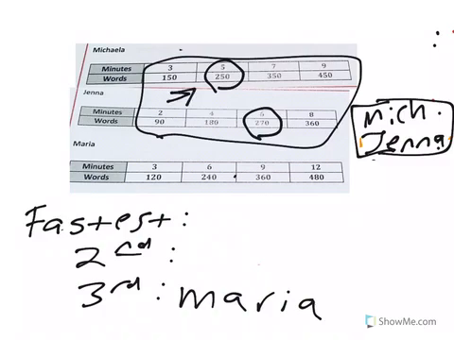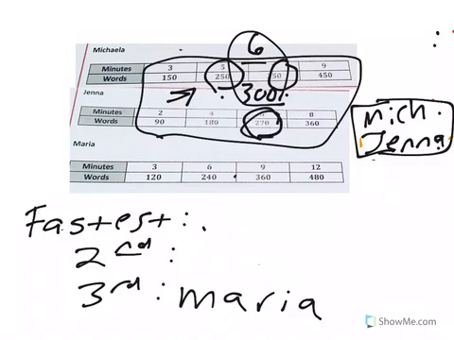So I'm going to think, well, Michaela is probably ahead there, but I don't know how many words she typed for 6 minutes. Except I can figure that out because I know how many she typed in 5 and 7, 250 and 350. Well, there's 100 words in between those two. 6 is in between 5 and 7. It's exactly in the middle. So what would be exactly in the middle of 250 and 350? Well, it'd be 300. So in 6 minutes, Michaela would type 300 words.